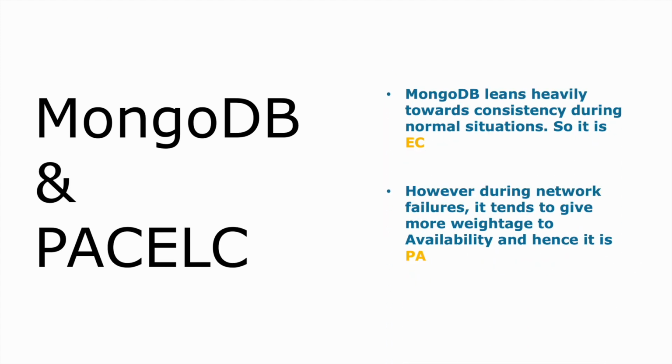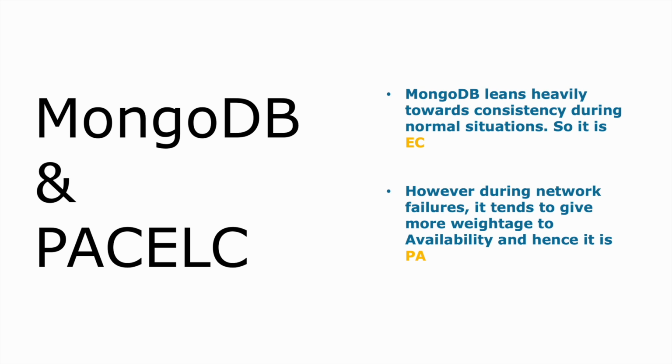And finally, I would like to share the PACELC rating of MongoDB. So MongoDB is basically a very strongly consistent system, which means MongoDB always tries to lean towards consistency. But normally during a normal setup, MongoDB definitely leans towards consistency.